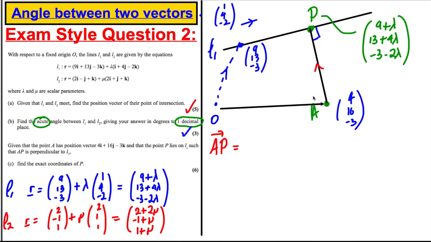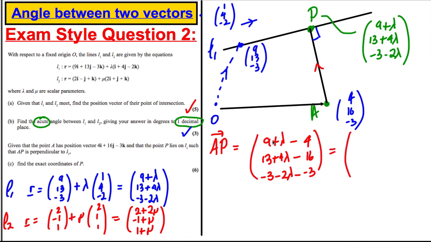So what is the vector A to P? Well, A to P would be this vector, take away this vector. If you subtract them, the vector from A to P would be 9 plus lambda, take away the 4, then 13 plus 4 lambda, take away the 16, and negative 3, subtract 2 lambda, subtract the negative 3.